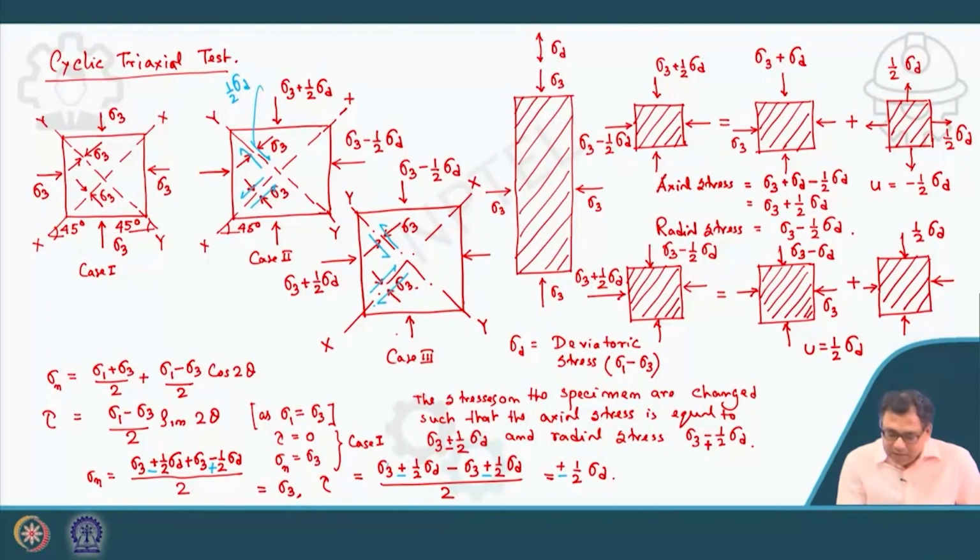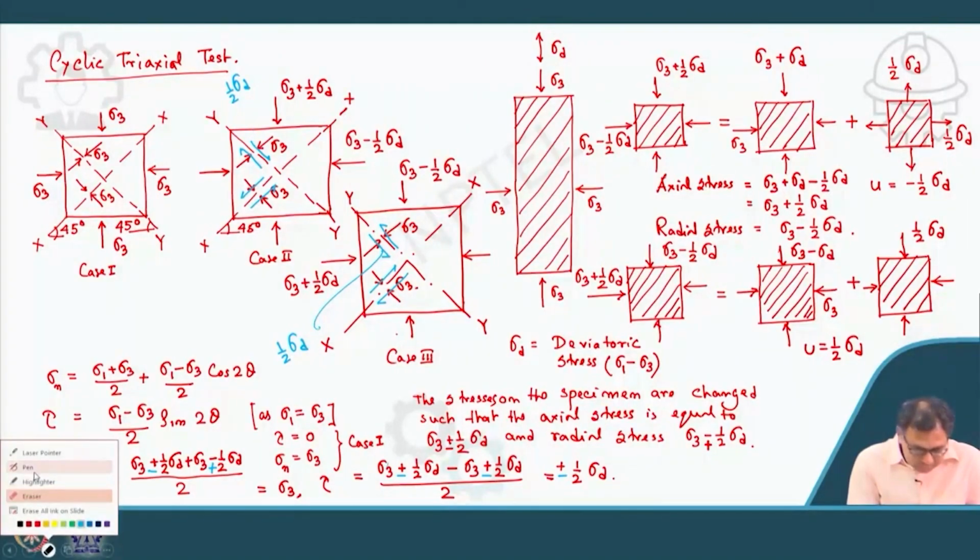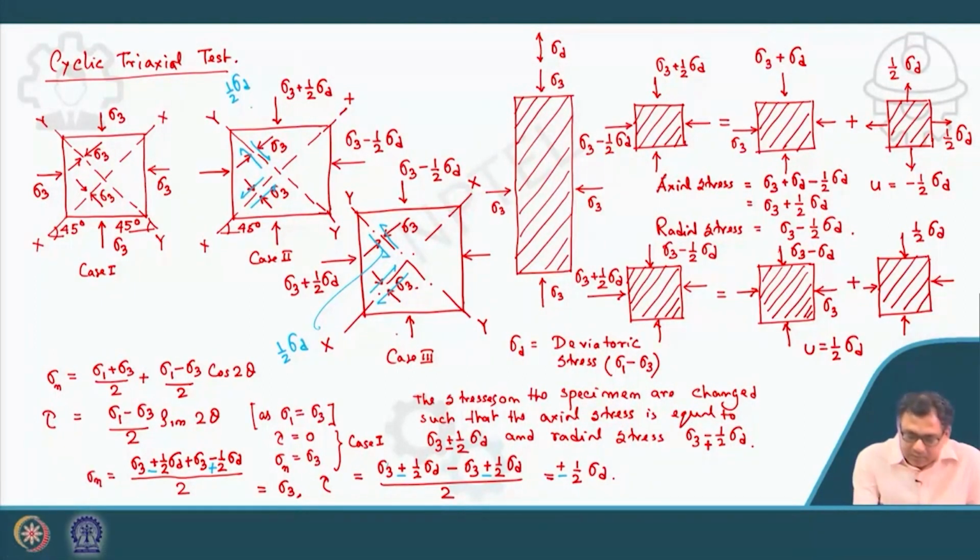Okay. So the value will be the same, half sigma d. The initial value was half sigma d, here also the value is half sigma d, only the direction of shear stress is changing.